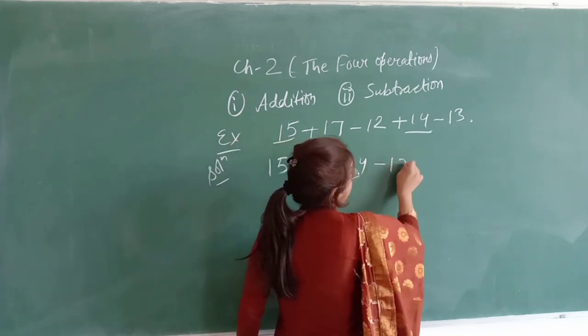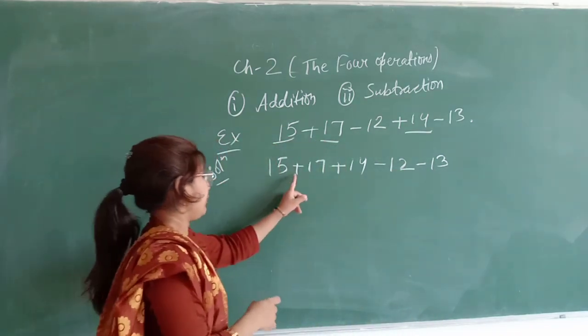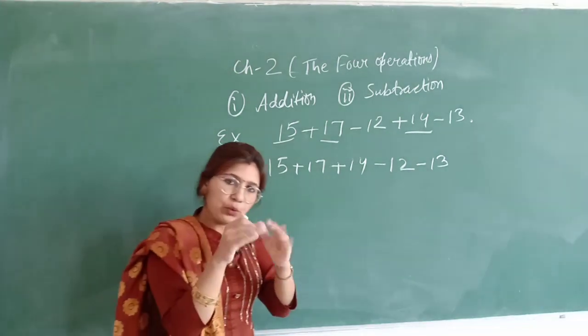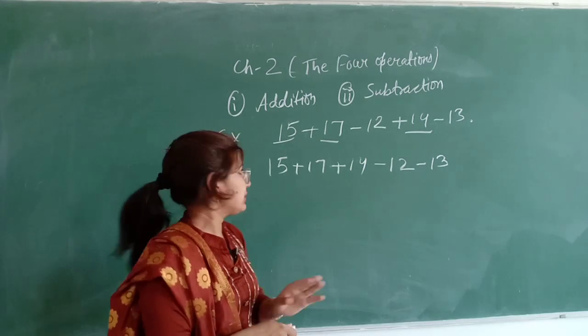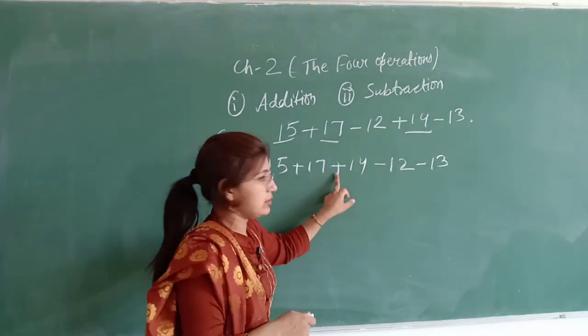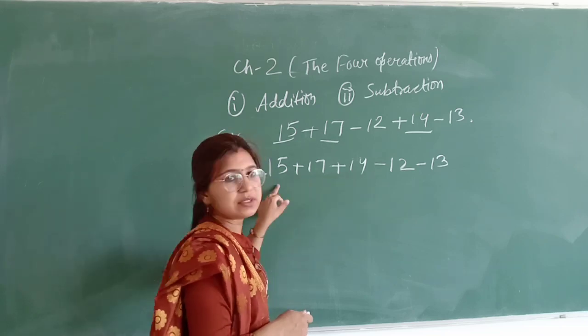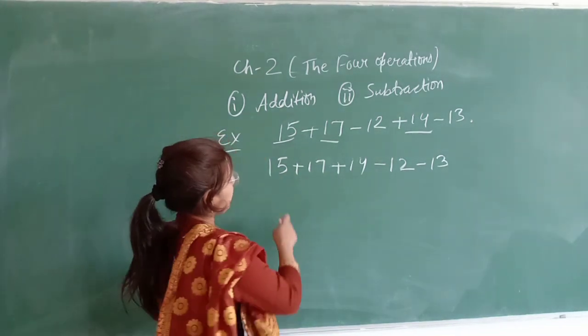Now minus 12 minus 13. Students, if values have the same sign, it means that you have to add those numbers and keep the sign as it is. Like here it is plus, plus, plus. You have to add all these three terms and the sign is plus. See here what it will become.